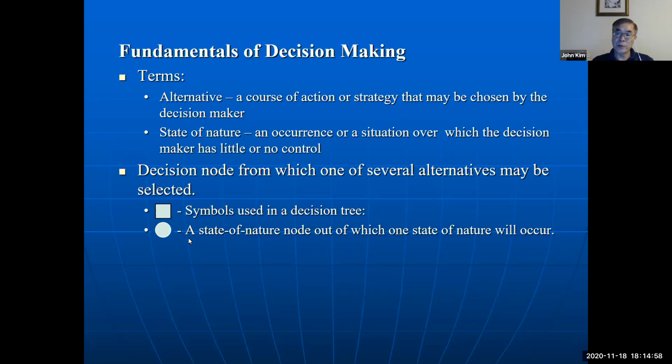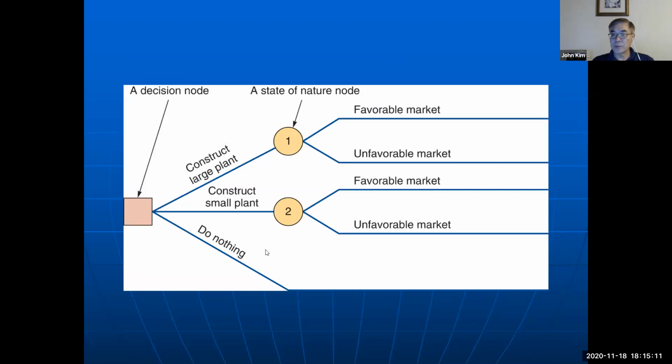I call this one an expected value point, or alternative point. So it's like this: decision point or decision node. At this point, if there is obvious information, we can choose. So on this point, we can decide whichever we take.